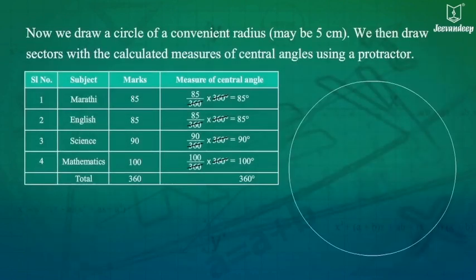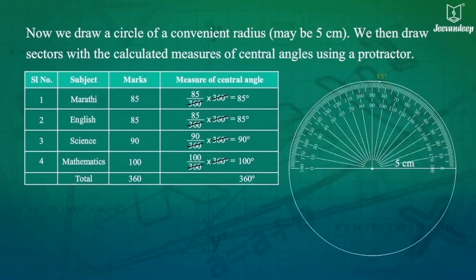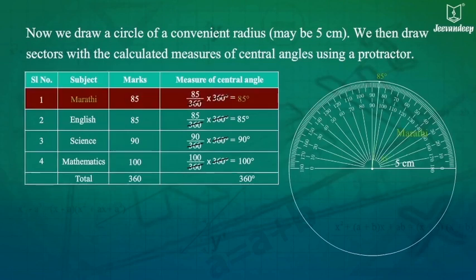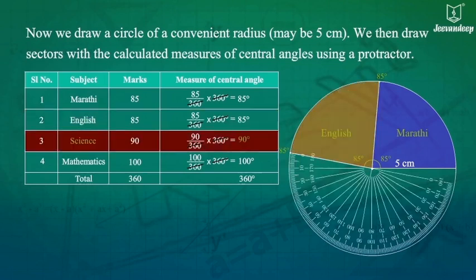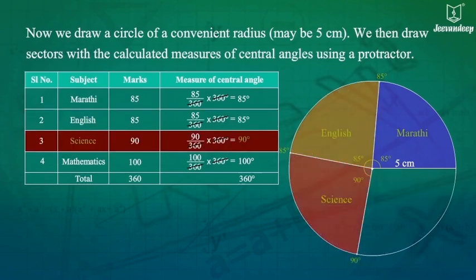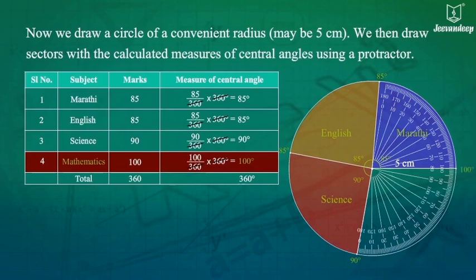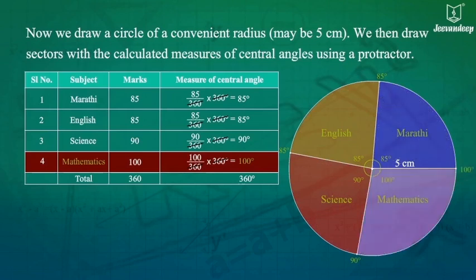Now, we draw a circle of a convenient radius. We then draw sectors with the calculated measures of central angles using a protractor. This is the required pie diagram for the given data.